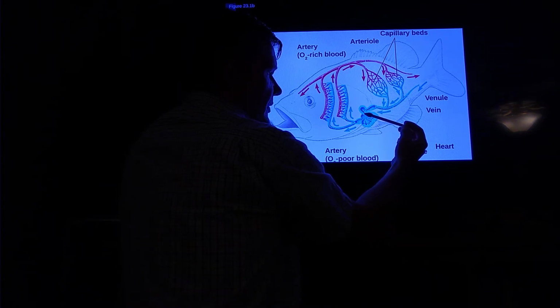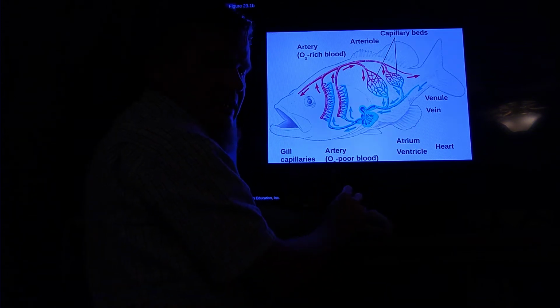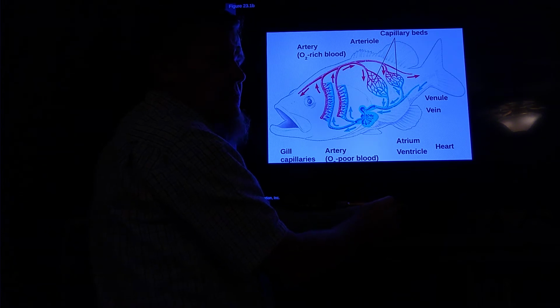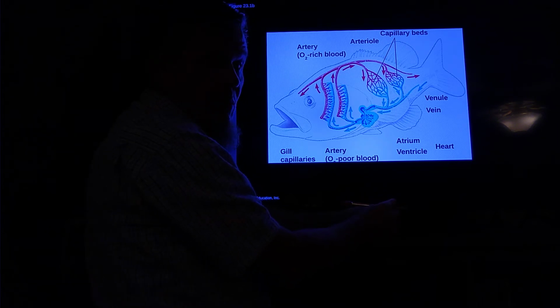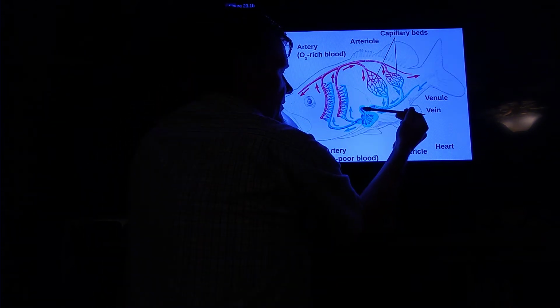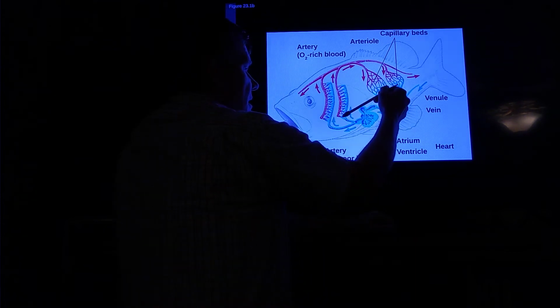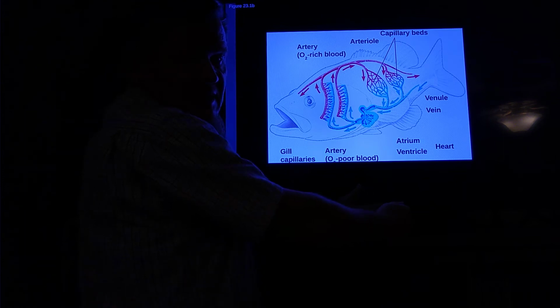And this little thing right here is a valve. Valve literally means door, but when we talk about valves, we're always talking about one-way doors. You can only go through it one direction. So the atrium pushes blood through this valve down into the ventricle. The ventricle will then push the blood to the gills. Obviously, what's going to happen to the blood in the gills?